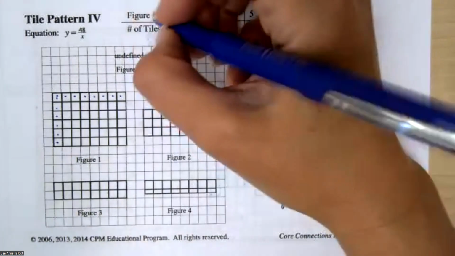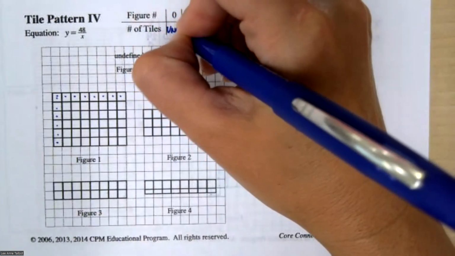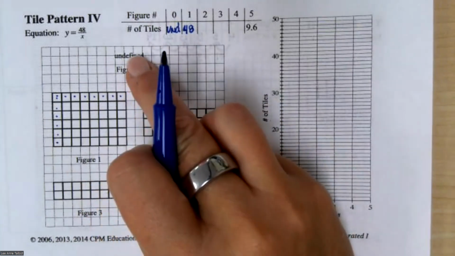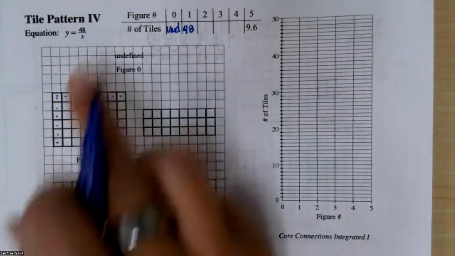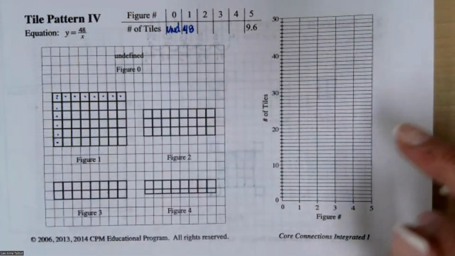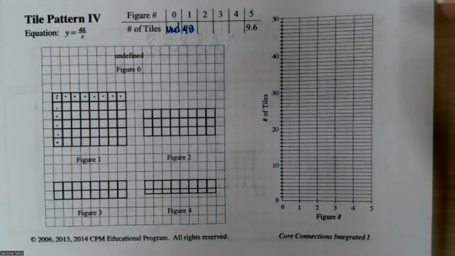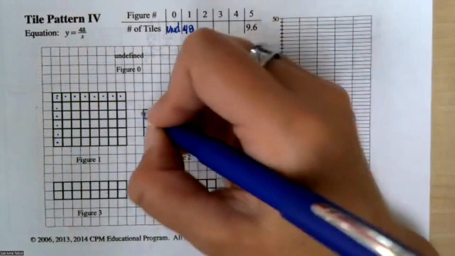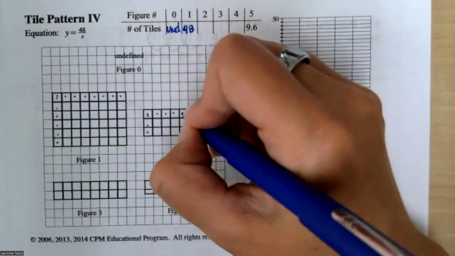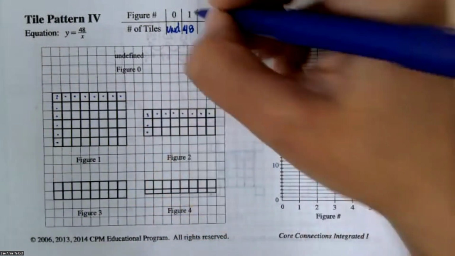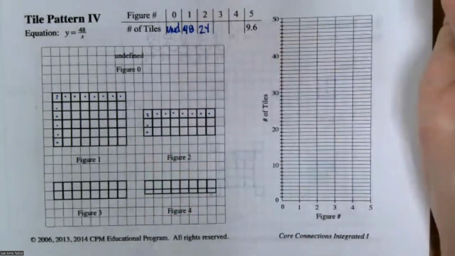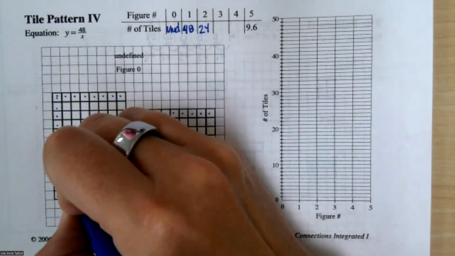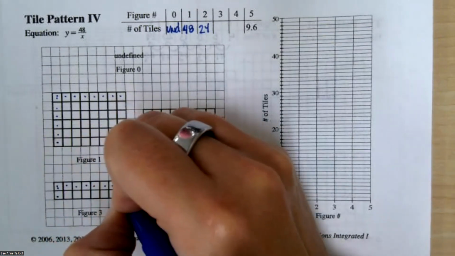Figure 0, I'm going to write UND there for undefined. I told you figure 0 was undefined because 48 divided by 0 is undefined. Okay, now figure 2. 1, 2, 3. 1, 2, 3, 4, 5, 6, 7, 8. 1, 2. 1, 2, 3, 4, 5, 6, 7, 8.